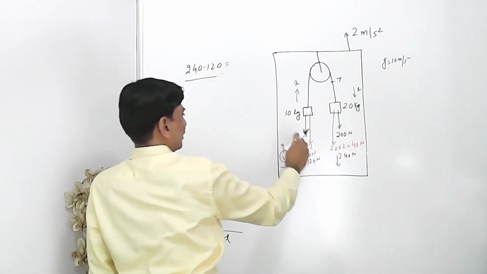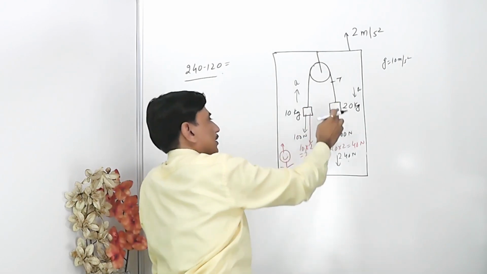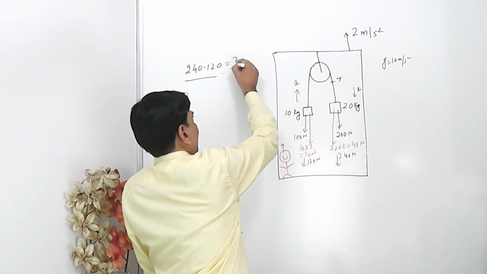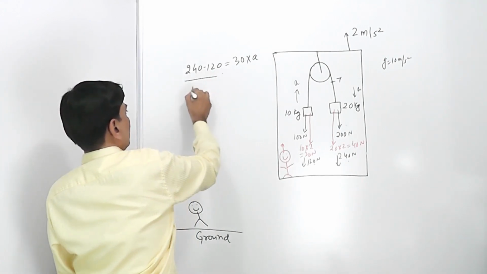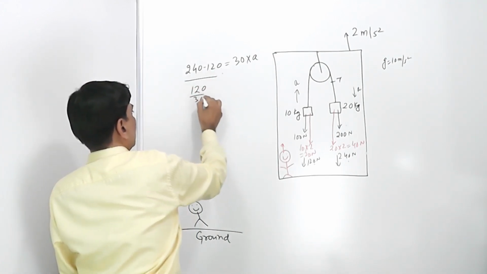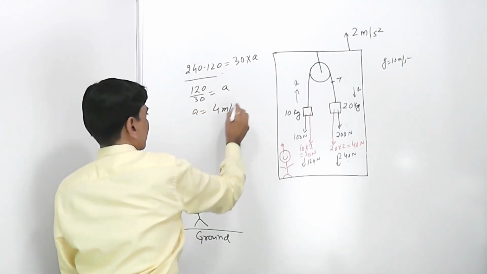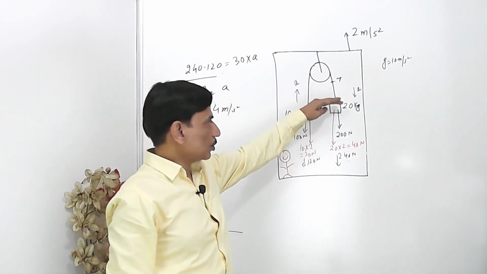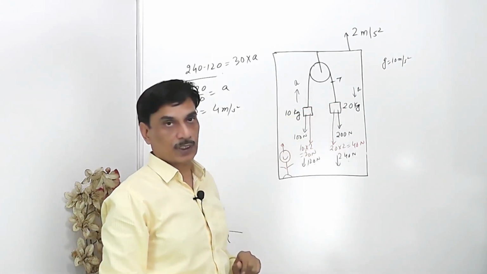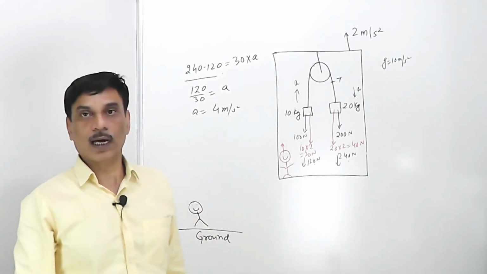This resultant force is responsible for accelerating both the masses, that is 20 plus 10, 30 kg, into acceleration. So 240 minus 120 is 120, divided by 30 is equal to a. So a is equal to 4 meters per second square. So this person will observe that the acceleration of this block is 4 meters per second square downwards and the acceleration of this block is 4 meters per second square upwards.